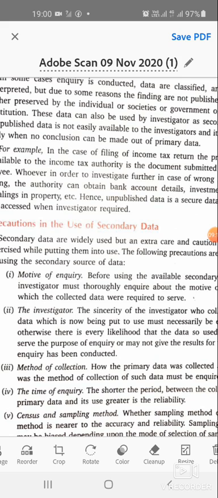The data collected should not be too old. After 20 years, the whole scenario will have changed, so it should not be too long ago. Then, comparison and examination. As far as possible, the data should be compared with data collected by others. You can compare the data collected by one agency with the data of a second agency.